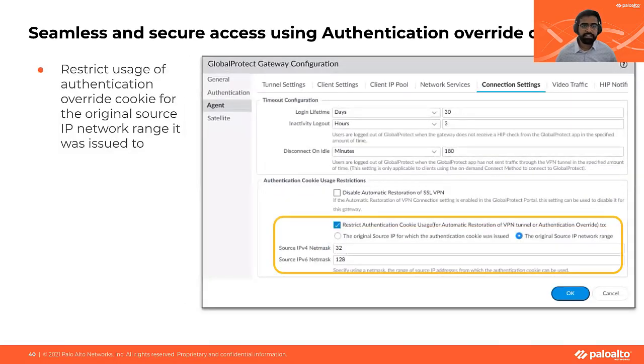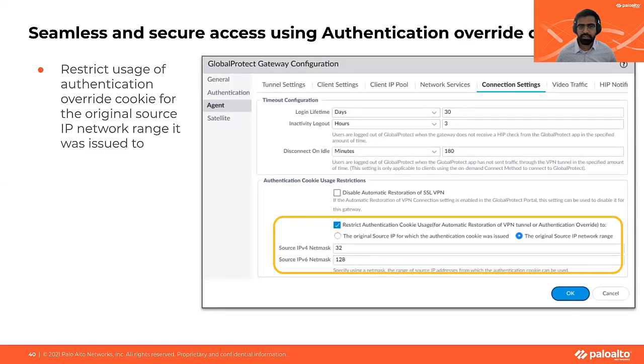So the third setting is you can actually restrict the authentication cookie usage to the original source IP network range. So in this example, if you select the original source IP network range, the authentication cookie is valid only if the public source IP address of the endpoint attempting to use the cookie is within the designated network IP address range.